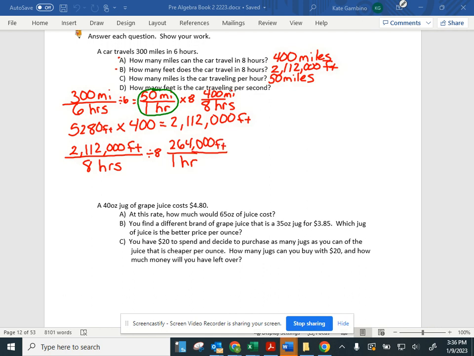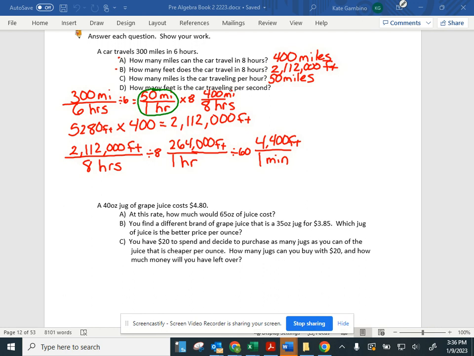So now I want to bring my hours down to minutes. So I'm going to divide by 60. That'll give us 1 minute. And 264,000 feet divided by 60 gives us 4,400 feet in every minute.